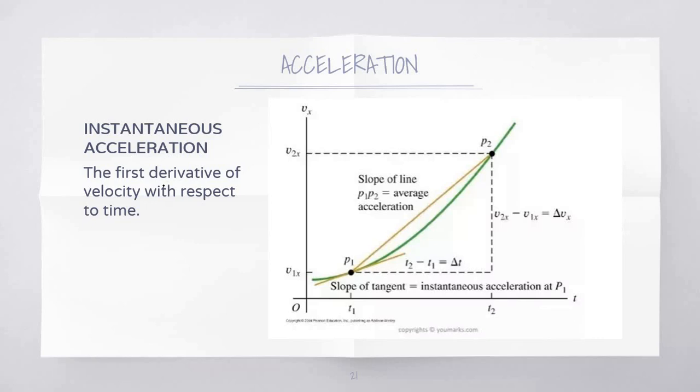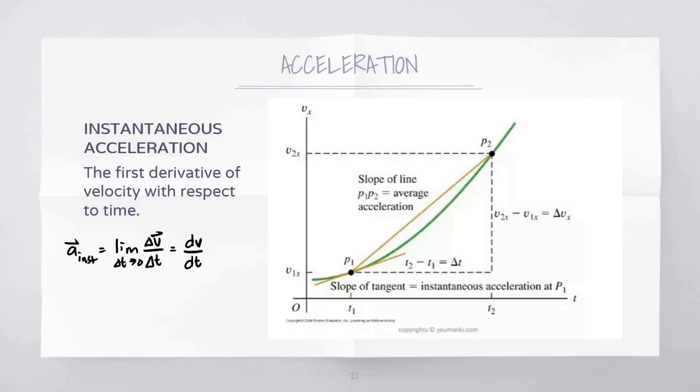You simply get the first derivative of velocity with respect to time. So instantaneous acceleration is equal to the limit of delta v over delta t as delta t approaches 0. And again, this becomes the first derivative of velocity with respect to time.